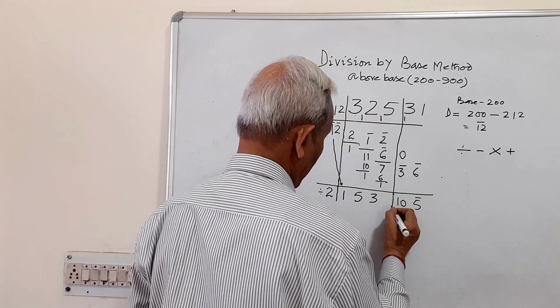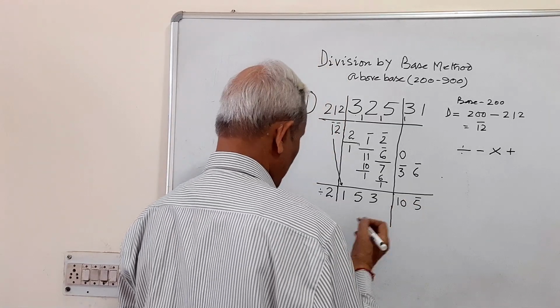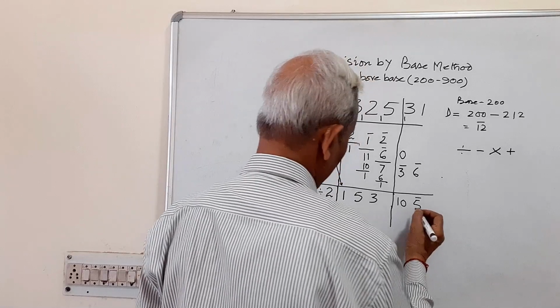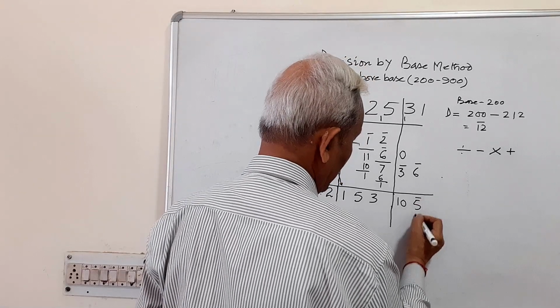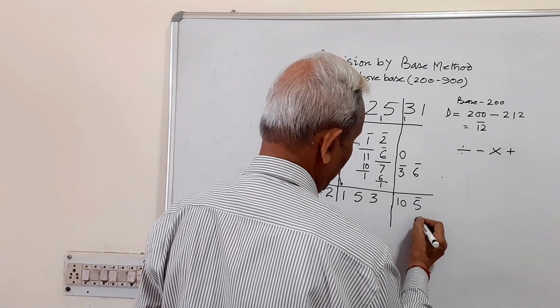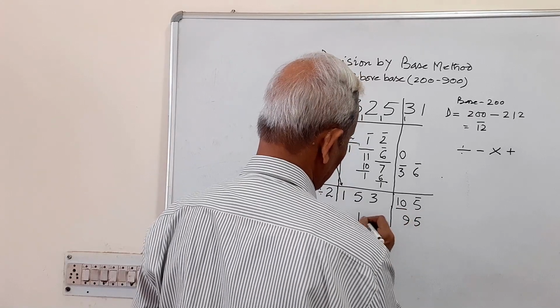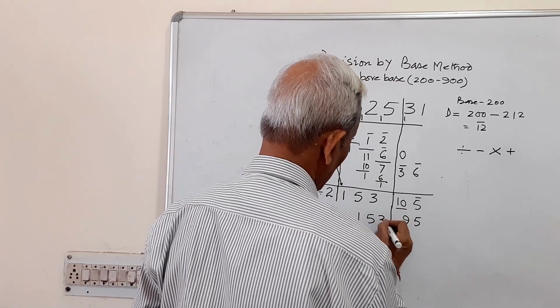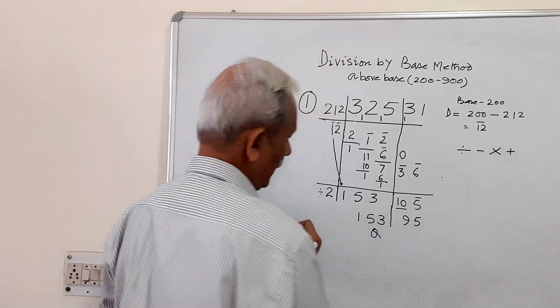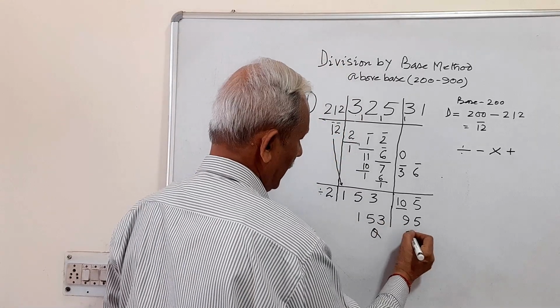Now this has become 105 bar. So devinculate it, 10 minus 5, 5. Reduce this by 1, it becomes 9, 95, and this becomes 153. So the quotient is 153, remainder is 95.